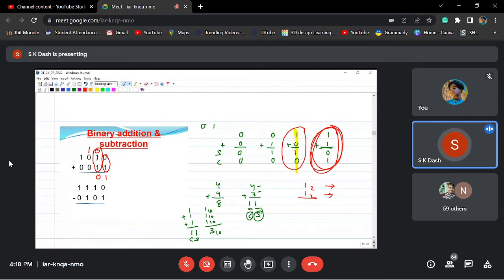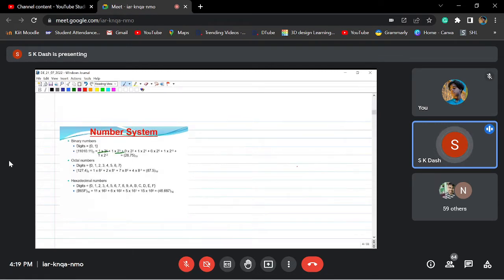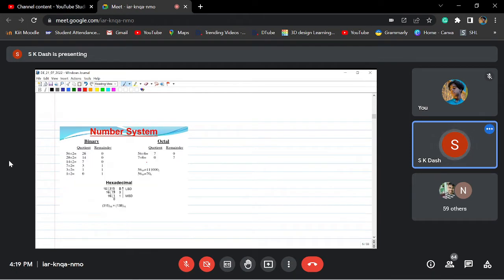What is the decimal equivalent of 1? It is the same as 1 only, because we understood that this is nothing but 1 into 2 to the power 0, as discussed here. Here we discussed how to do that. So if it is 1, it will be 1 into 2 to the power 0, which is equal to 1 only.